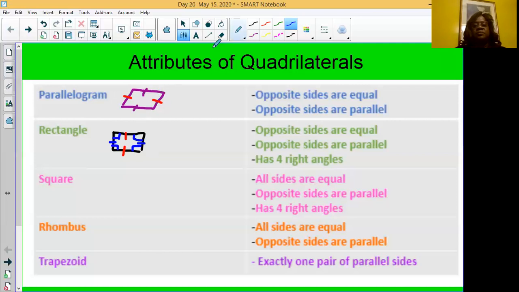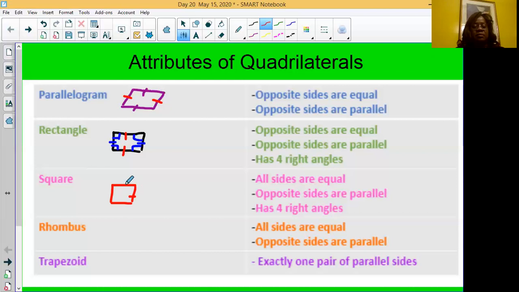Our next quadrilateral that we talked about was a square. We know that a square has four equal sides. Excuse me. So a square has four equal sides.